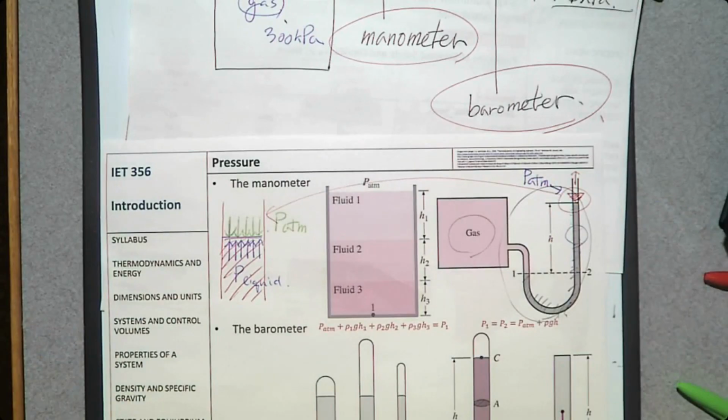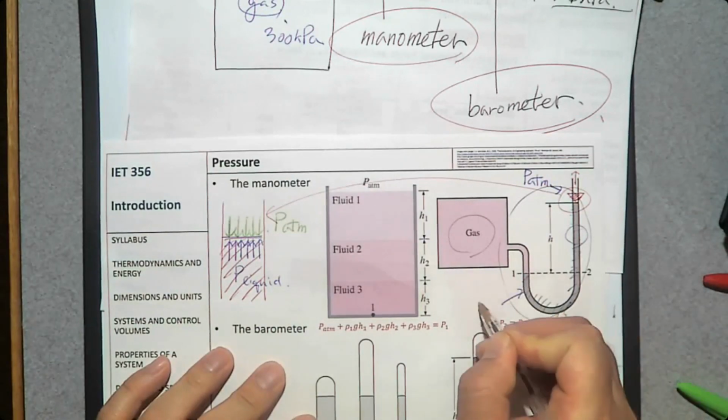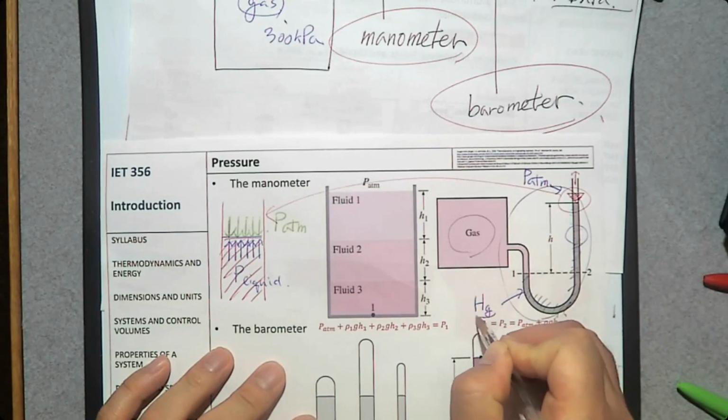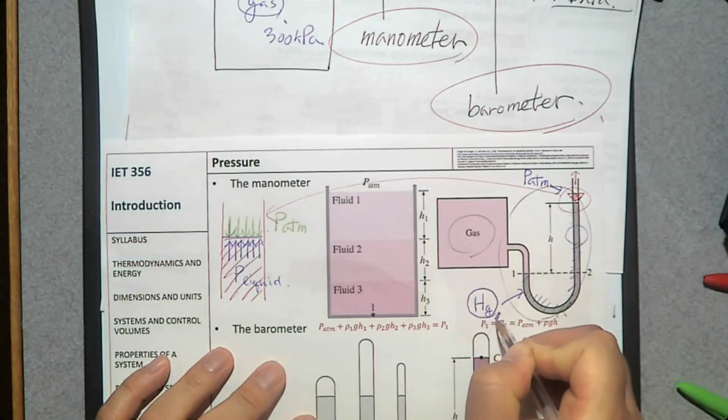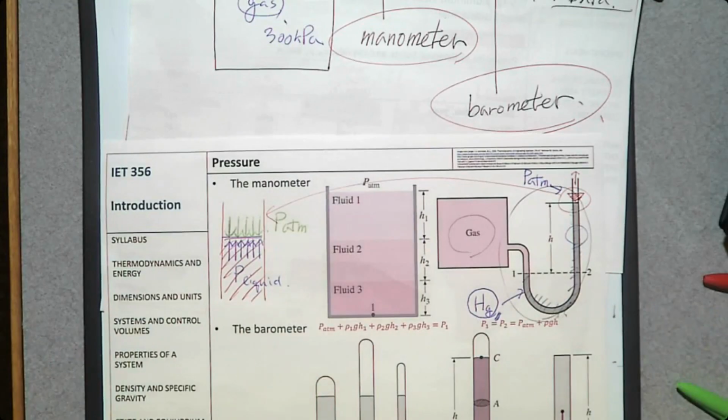And then you can see the liquid is filled up to here at point 1, and there's a gas. So number 1 is the interface between gas and this liquid. We usually use mercury, Hg, in the manometer. I will explain why later when we talk about the barometer.